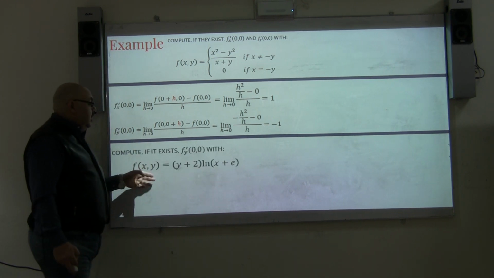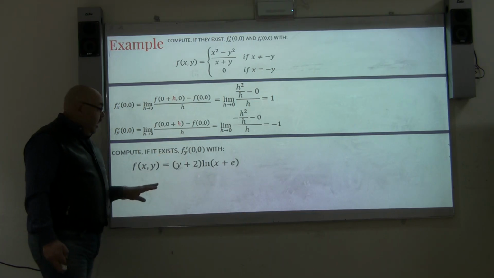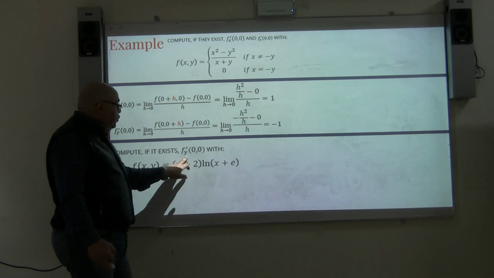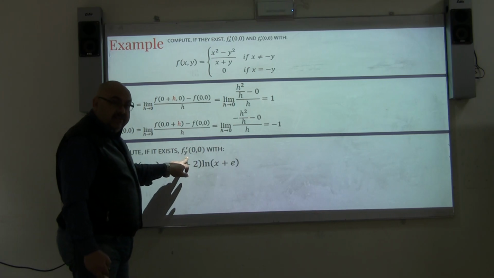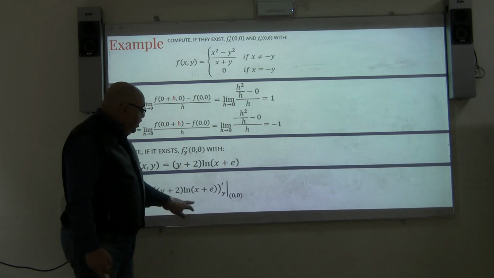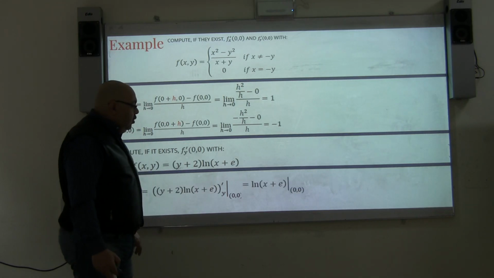Also, compute f dash y at 0 and 0. So I will repeat everything. I will get the derivative of this function, but remember, I'm doing the y derivative, okay? So once more, if I want to do this, all I have to do is get the derivative of this function with respect to y, then get the value at 0.